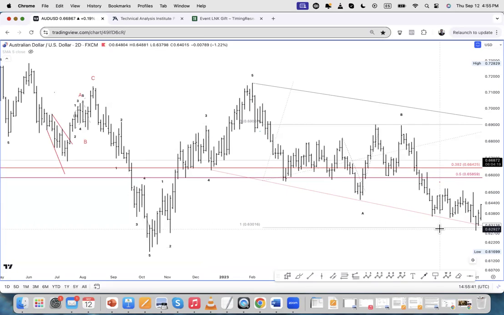Obviously, the more you study the wave principle, then you will realize that there are not only 3 rules. In fact, for motive waves, there are 11 rules. You will discover that there are not a few guidelines, but there are actually hundreds of guidelines. And all those guidelines guide us to do the proper interpretation.